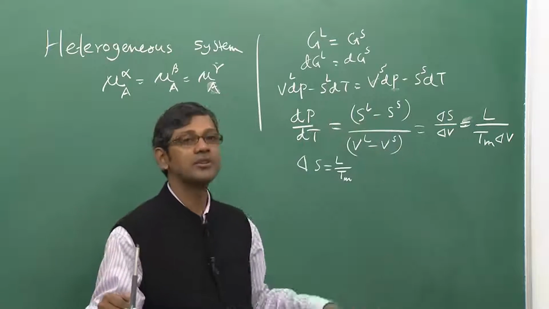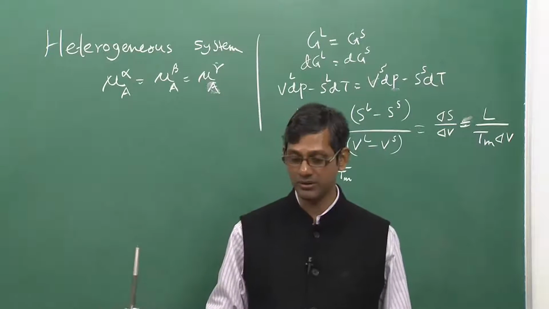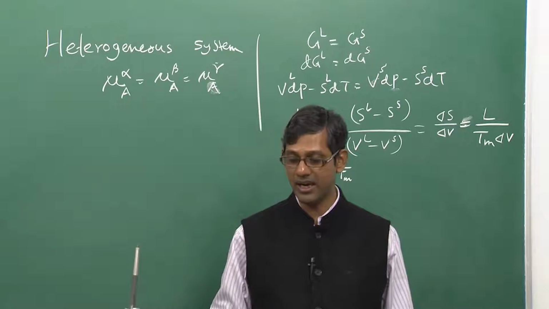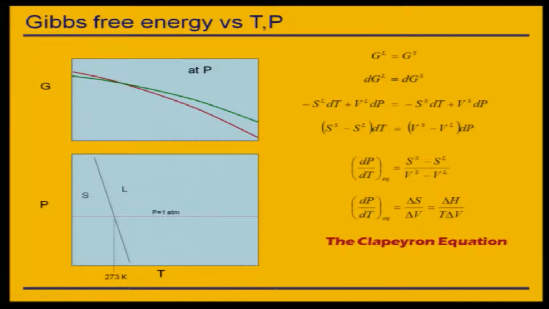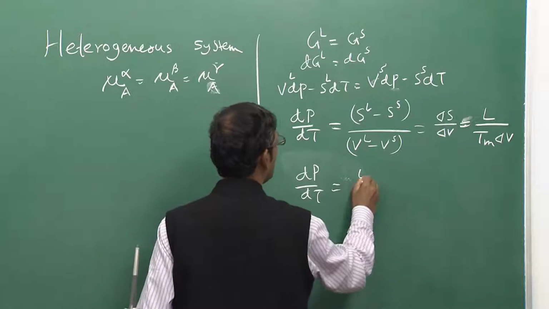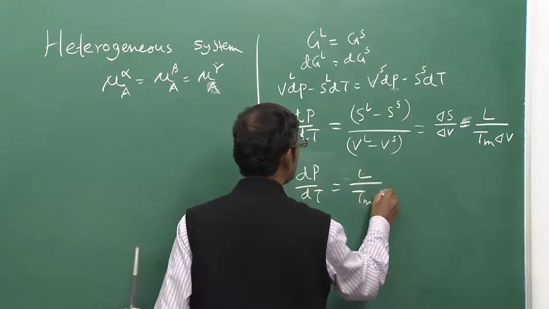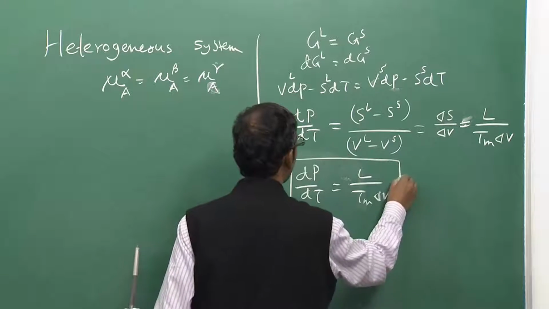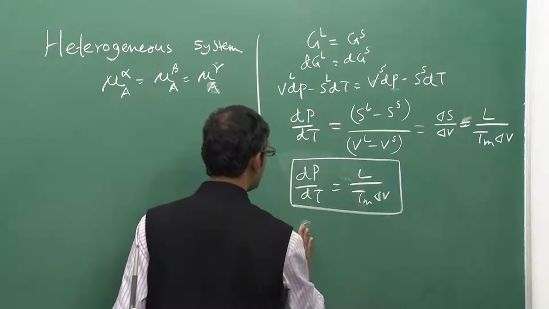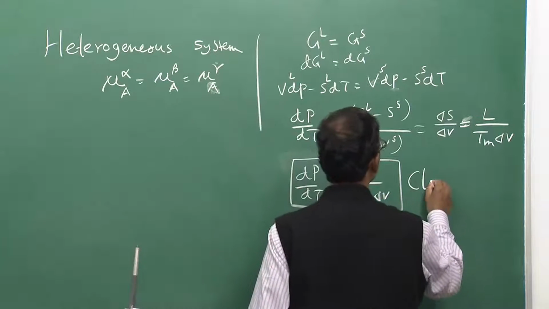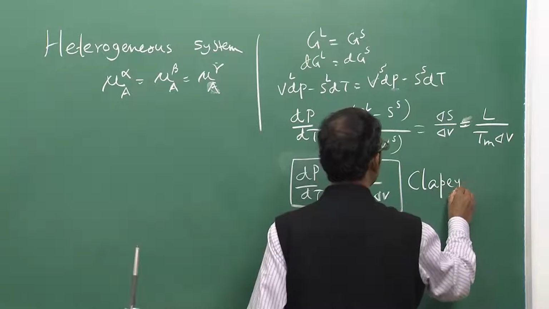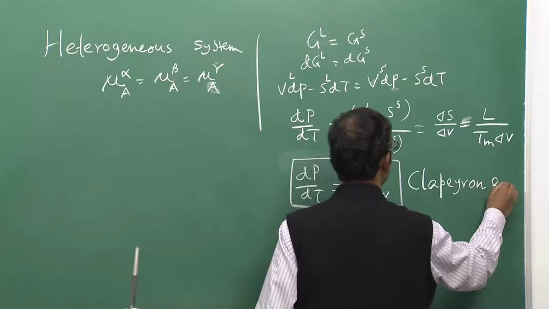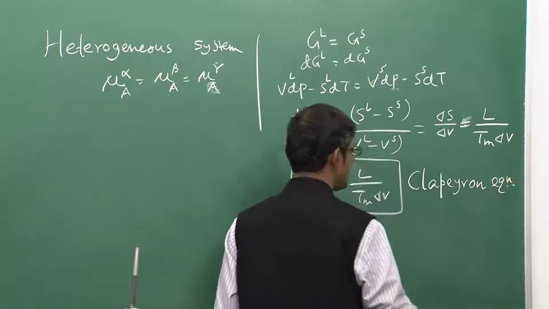This is known as the Clapeyron equation in the literature. This is what is derived in the slides. So I write down again, dP by dT equals L by Tm delta V, which is known as the Clapeyron equation.